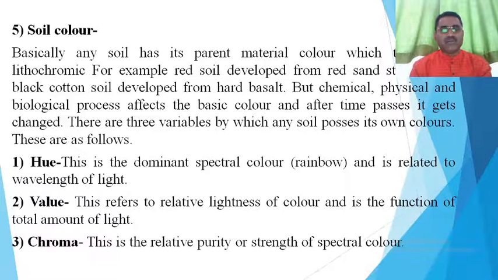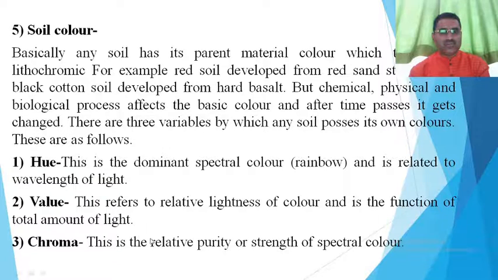At that time the color gets changed. The first one is hue. This is the dominant spectral color of the rainbow, and it is related to the wavelength of light. So how much the wavelength of light affects the soil determines the soil's color.